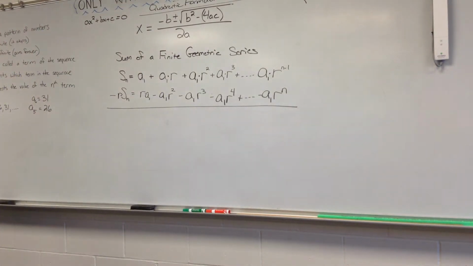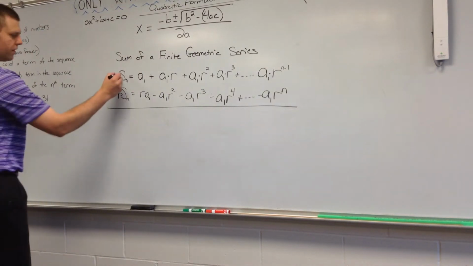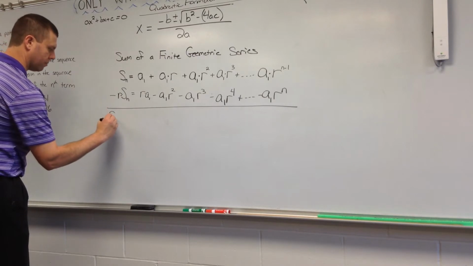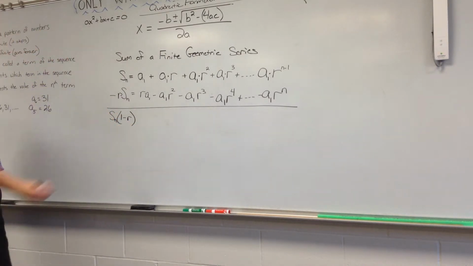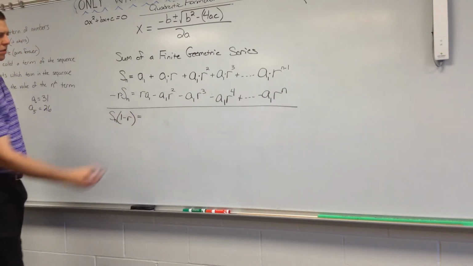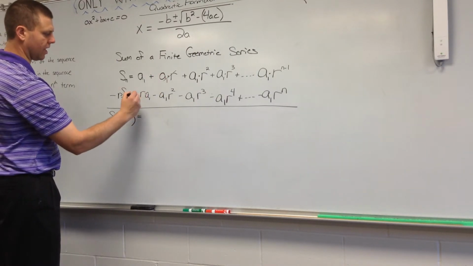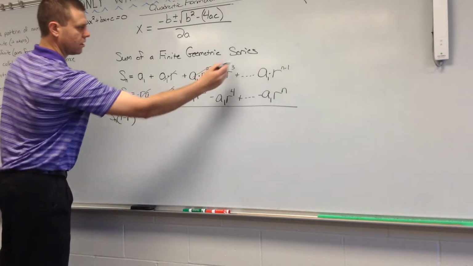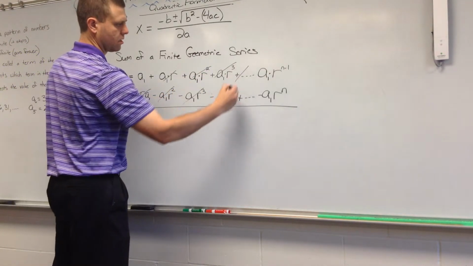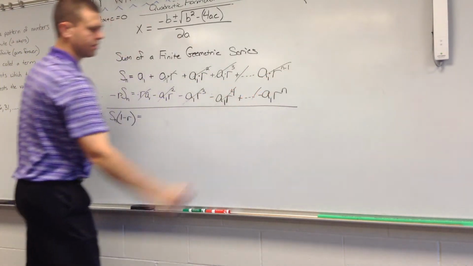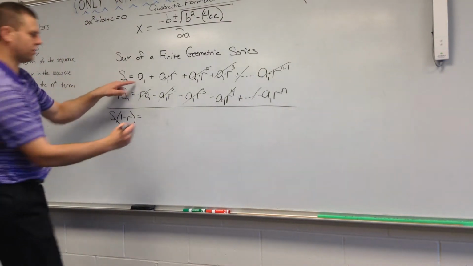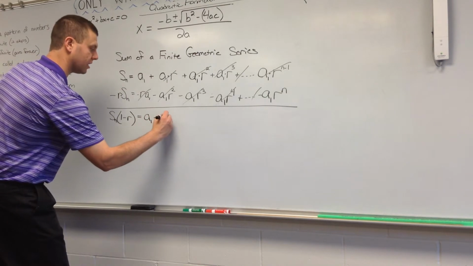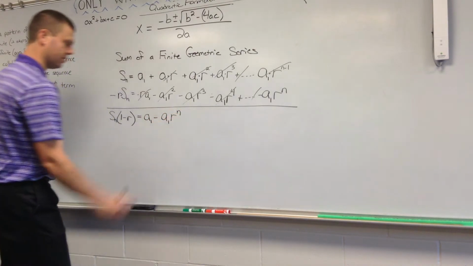So this minus this would be s sub n times 1 minus r. And you'll see all of these would start to cancel out, and you'd be left with just a sub 1 minus a sub 1 r to the n.